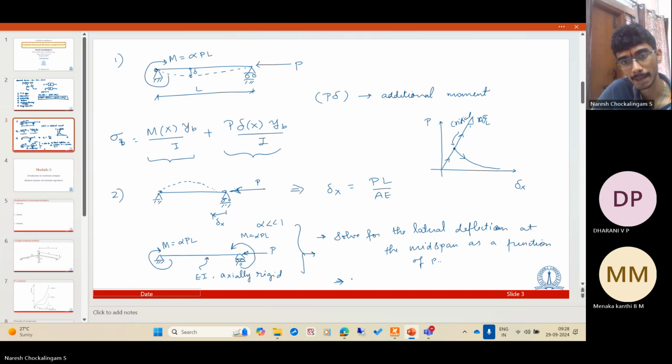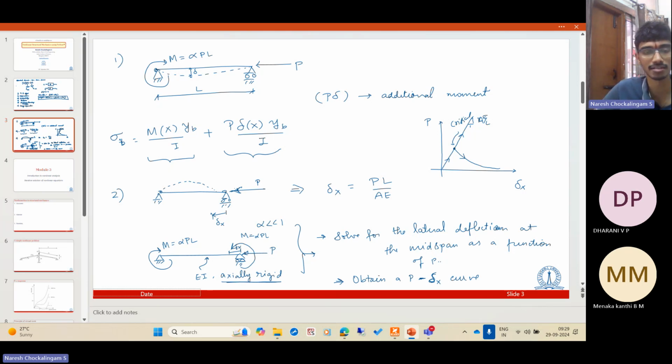You can obtain a P versus delta x curve. That is, delta x is the displacement of this point towards inside, and you can plot P versus delta x also. This requires some work. You can get the lateral deflection directly, but from there getting this delta x requires some work. For that you have to use the fact that the beam is actually rigid. Anyway, I'll post this.